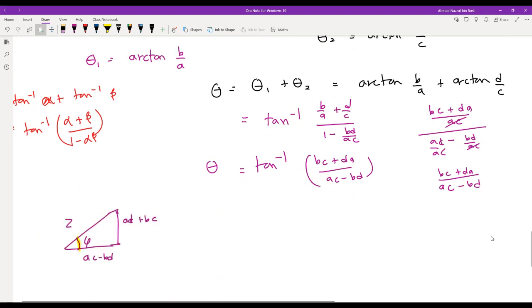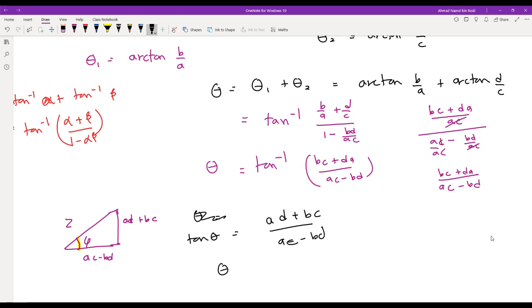So from this, tan theta is equal to AD plus BC over AC minus BD.